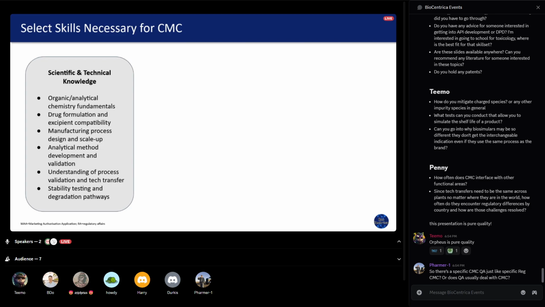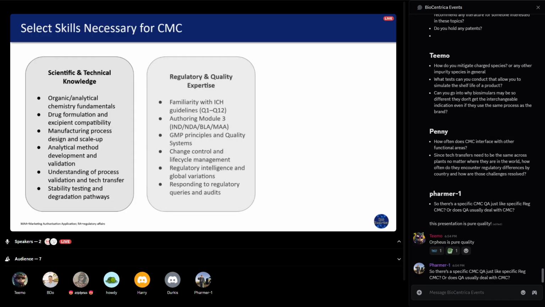It's a cryoprotectant. Manufacturing process design, scale up, analytical method development, process validation, tech transfers, and then stability testing and degradation pathways. So what possible pathways could this molecule degrade under? Can it degrade under light? Can it degrade under heat? Can it degrade under cold? Etc.